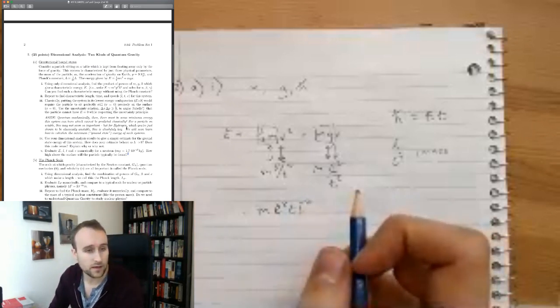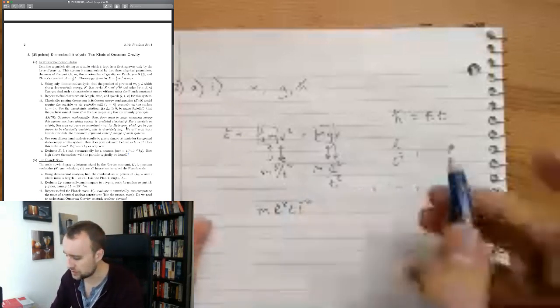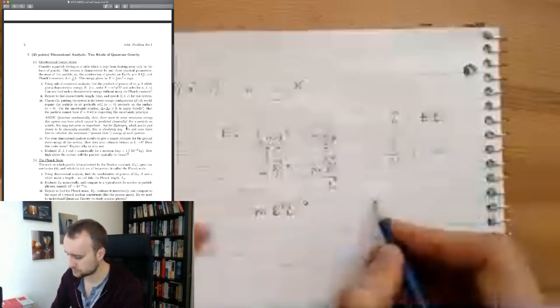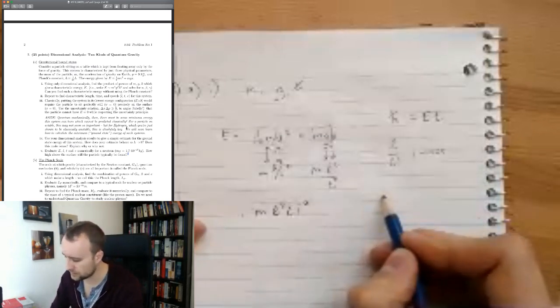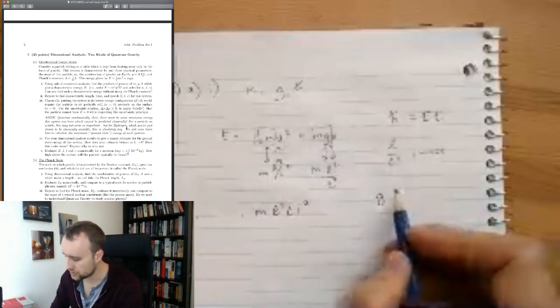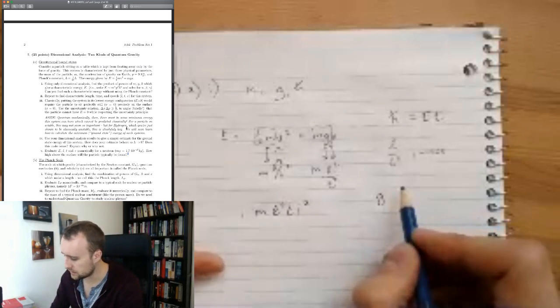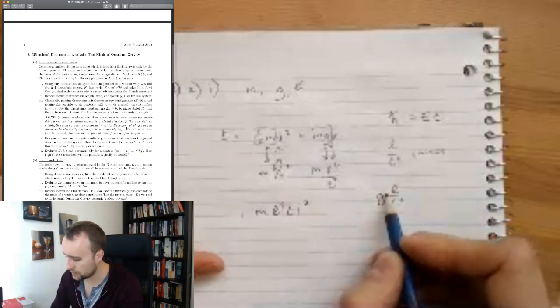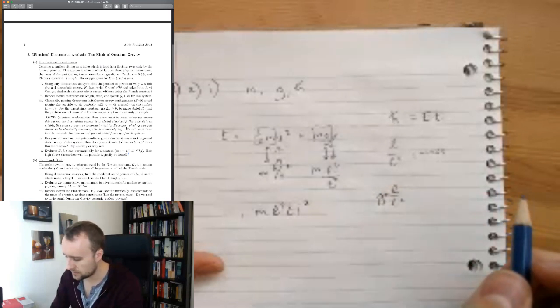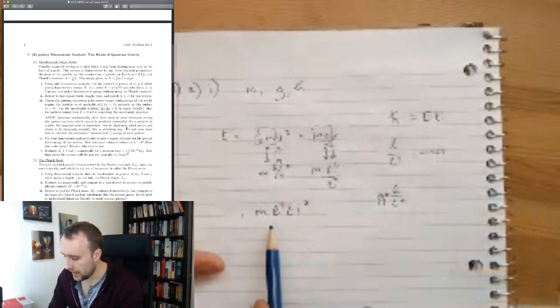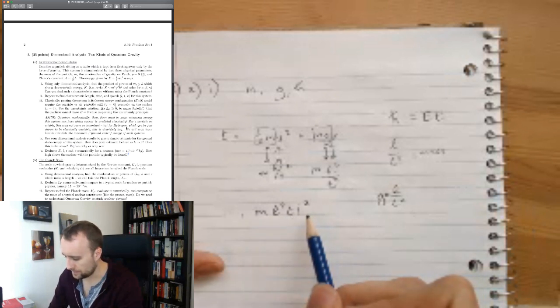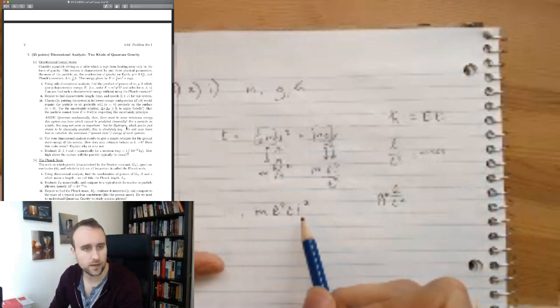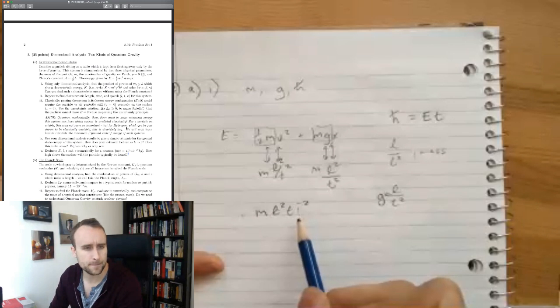But we want to find it in terms of these constants. Well, G is length over time squared. So we need to add one more length to that. And how can we add one more length to that?